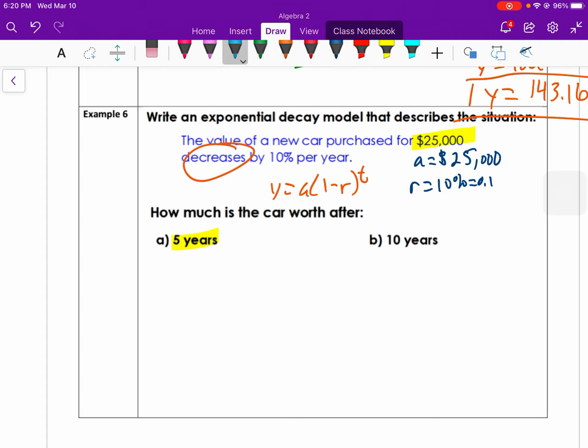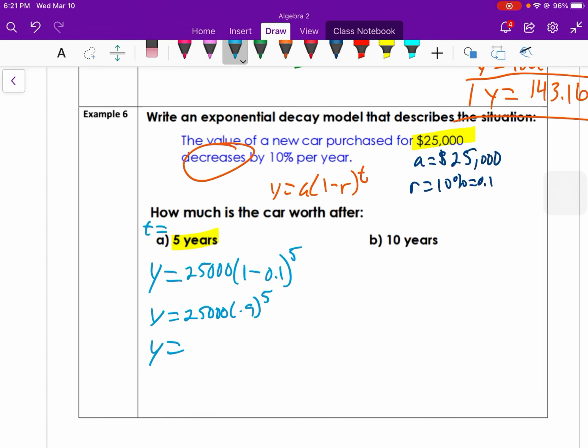How much is the car worth after 5 years? Well, we know t is time for 5 years, so to solve for y, we can plug everything in. A was $25,000, 1 minus 0.1, and t would be 5 in this case. So y equals 25,000 times 0.9 to the fifth.